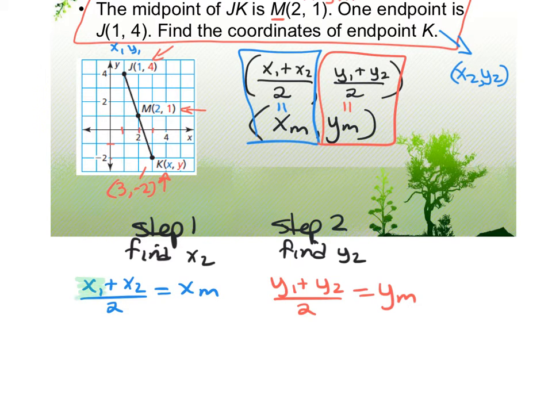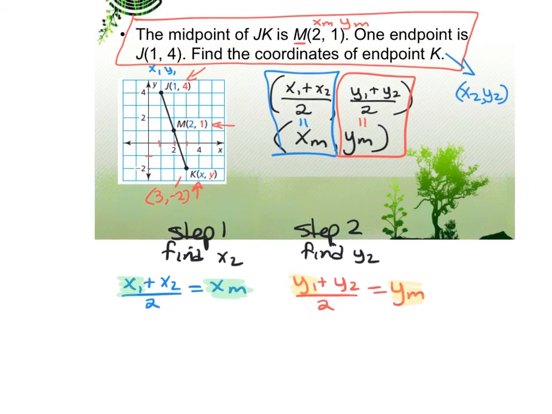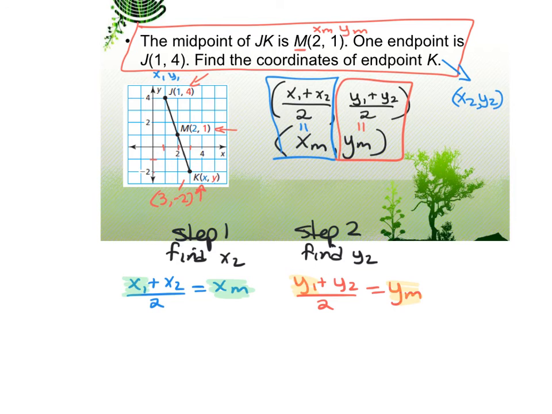I have this, and this, and this, and this. So my x1 is going to be 1. So 1 plus x2 divided by 2 equals the x of the midpoint.